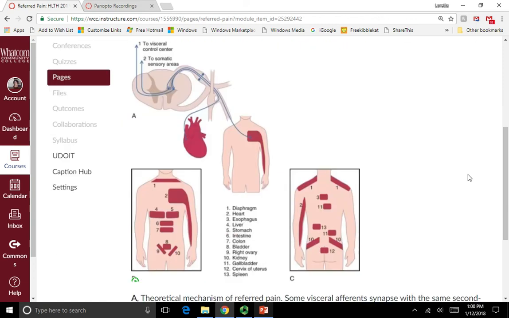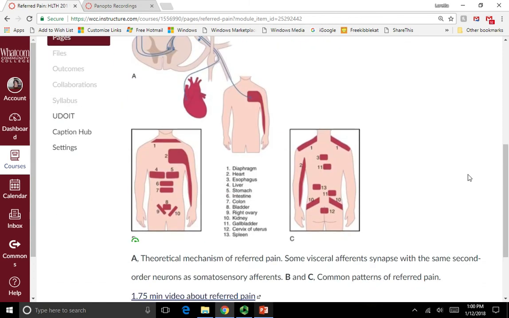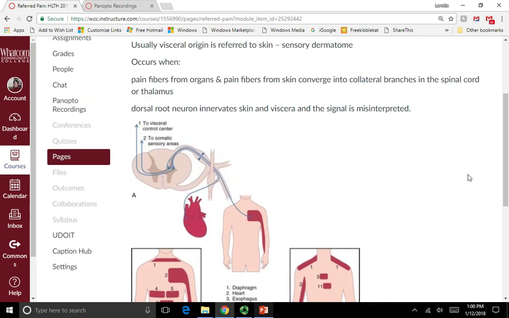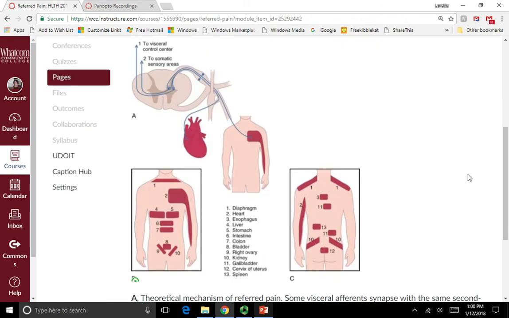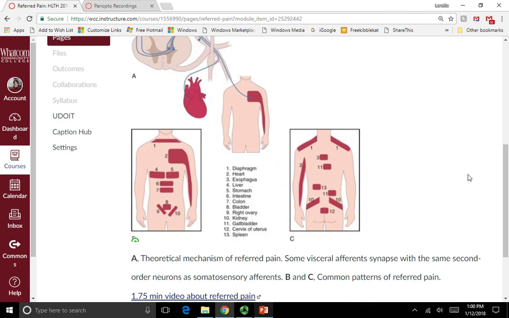So there are some specific patterns, and this is from the book. That's the theory on how it happens, the neurons synapsing on the same dorsal nerve root. But there's common patterns of referred pain.